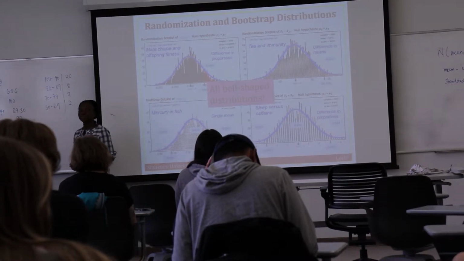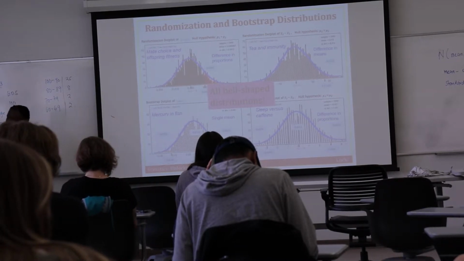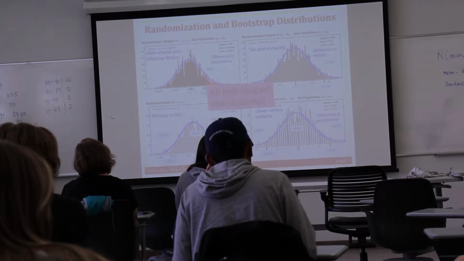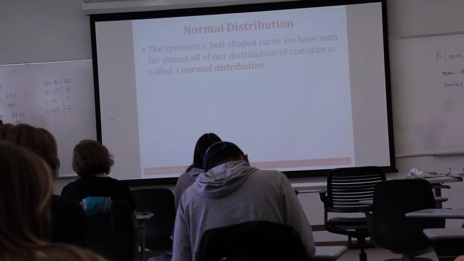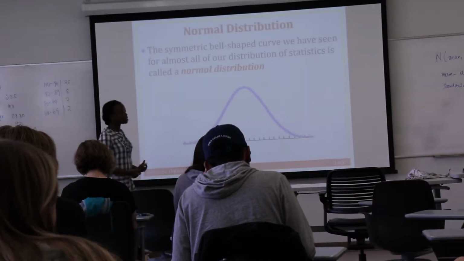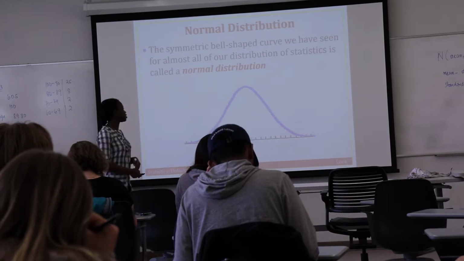So this leads us to looking at the normal distribution. All this is a form of recap from Monday. So that is how we represent the normal distribution, the symmetric and bell-shaped distribution.